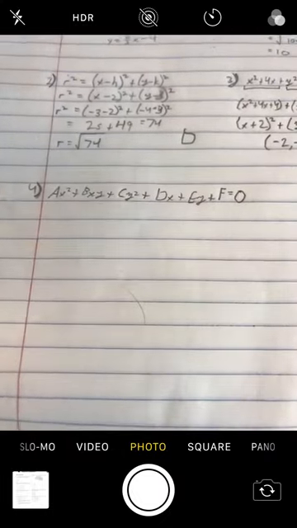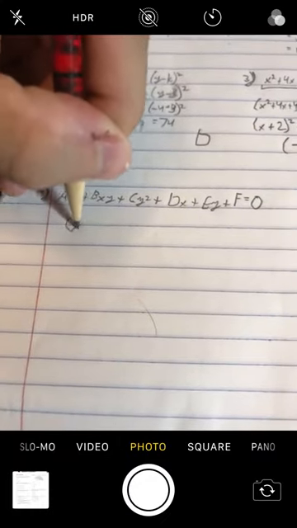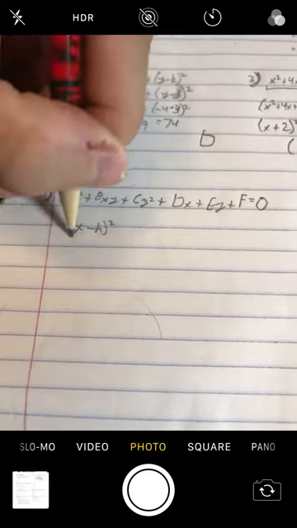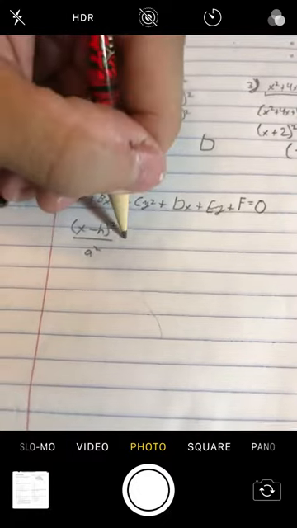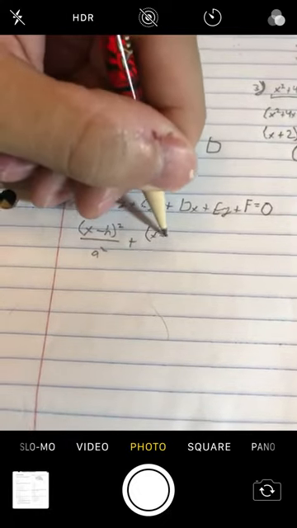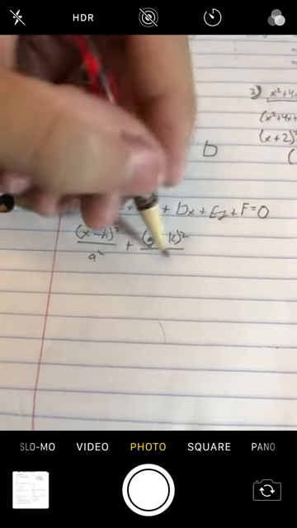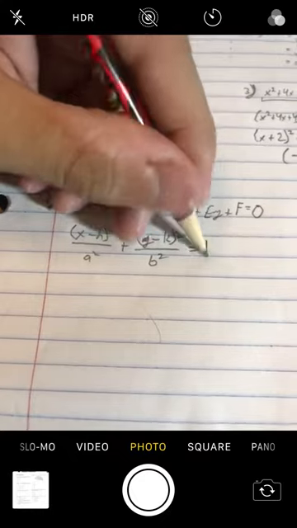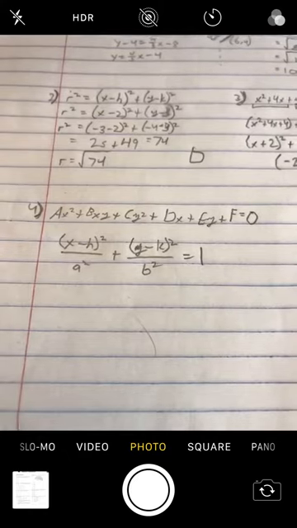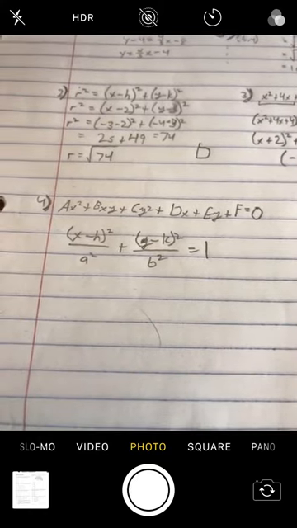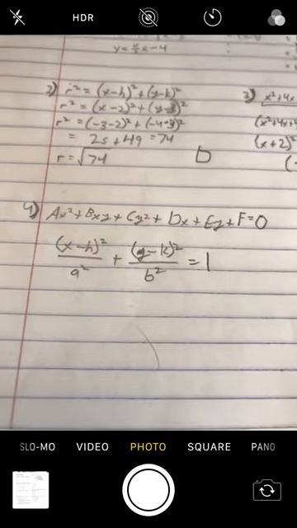But if we remember the technical formula that we learned from school, that's going to be x minus h squared over, well, it could be a squared or b squared, it could be either one, plus y minus k squared. Don't mistake it for minus, though, because otherwise that would be a hyperbola, where that equals 1. So given this in mind, let's really think about this now.